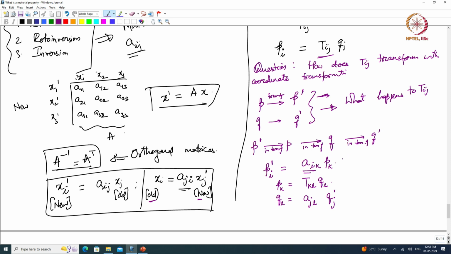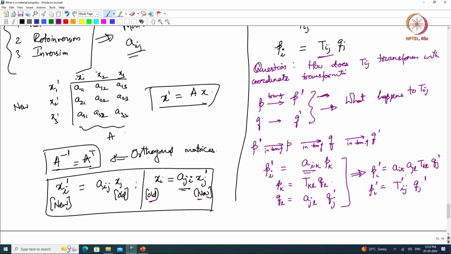Okay. So, then I will combine all these three equations, and I get Pi dash equal to Aik Ajl Tkl times Qj dash. Whereas, Pi dash is also my new transformed vector, which is T dash ij Qj dash.